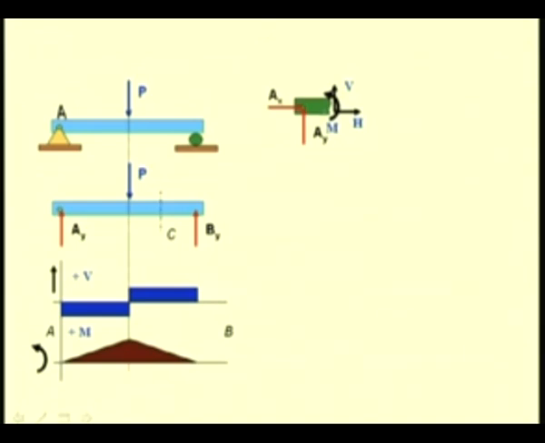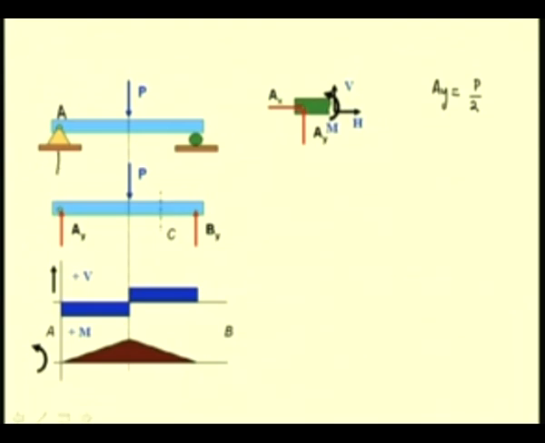So, from this we determine the shear force and bending moment. We have already determined Ay to be P by 2.